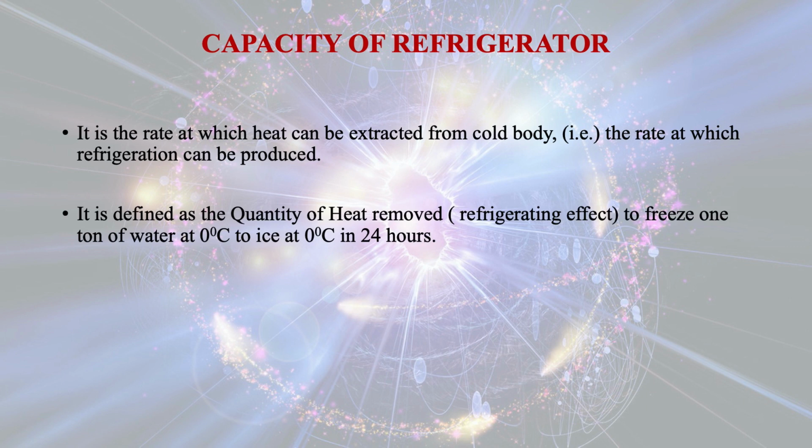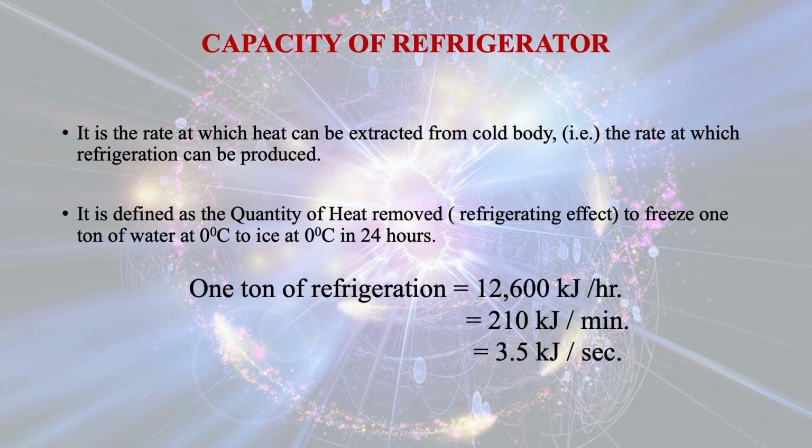It is defined as the quantity of heat removed, that is the refrigerating effect, to freeze 1 ton of water at 0 degree centigrade to ice at 0 degree centigrade in 24 hours. So 1 ton of refrigeration is the cooling rate equivalent to 12,600 kilojoule per hour, that is equal to 210 kilojoule per minute, that is also equal to 3.5 kilojoule per second.